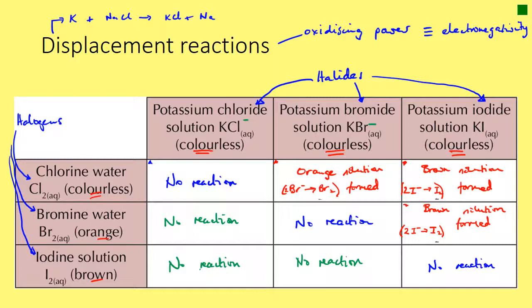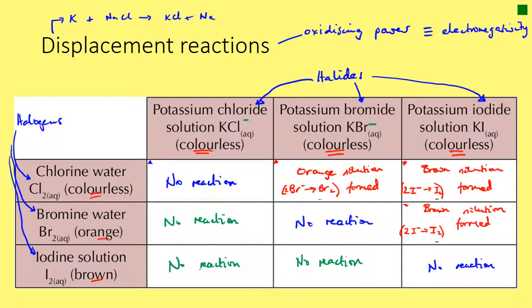We're going to illustrate that trend in electronegativity using displacement reactions. First of all, let's remind ourselves what a displacement reaction is. You might remember when we did the reactivity series of metals, you would put one metal into a compound to see if the metal would displace the other metal that's in the compound.